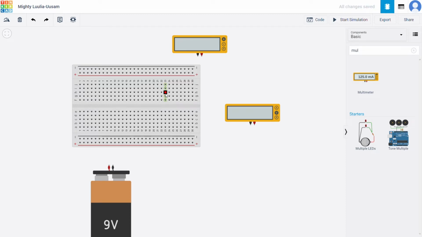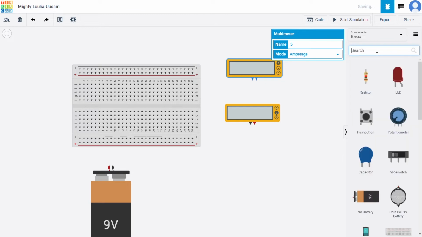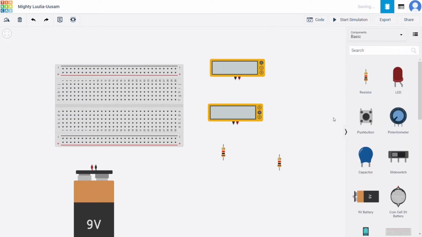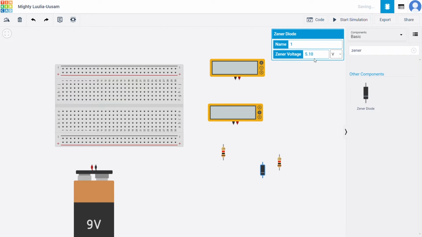In experiment part 2, we need a battery, a board, 2 resistors, and a Zener diode. The Zener diode is 2.6 volt.